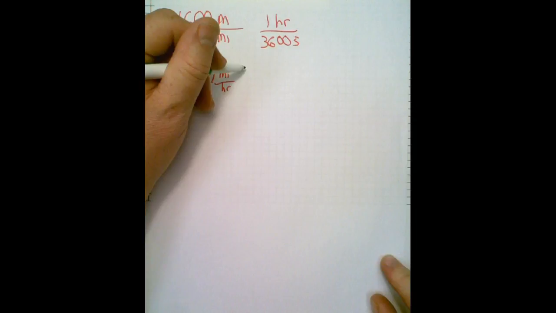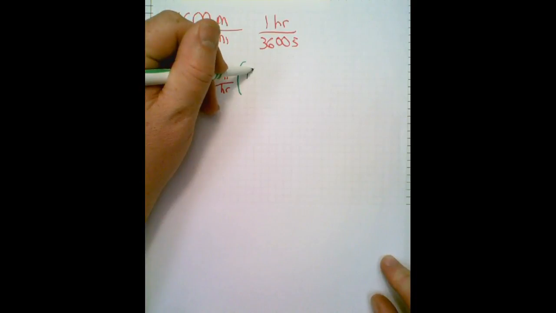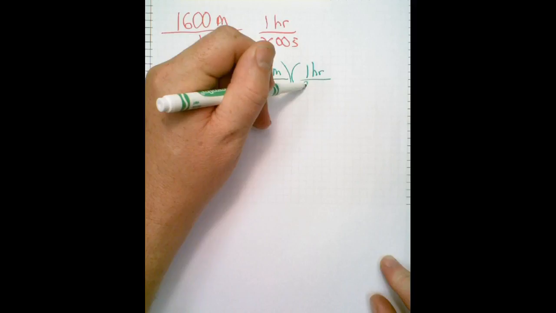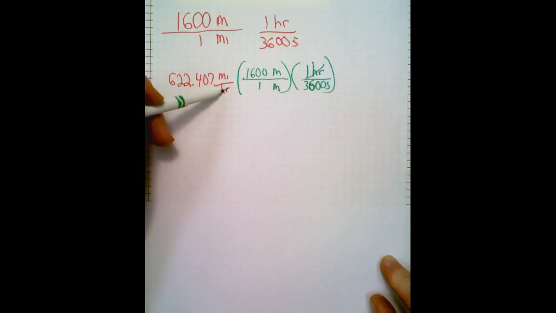If we multiply by our conversions, we have 1,600 meters in 1 mile, and 1 hour for 3,600 seconds. This is going to cancel that, and this is going to cancel that. So this should give us an answer in meters per second, which is the standard SI unit.